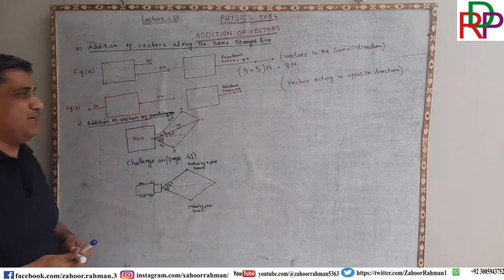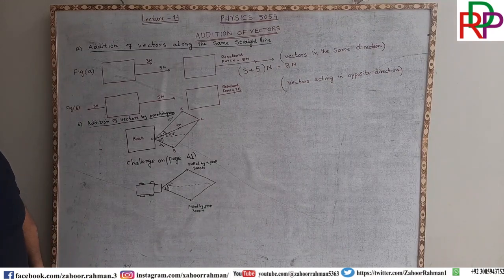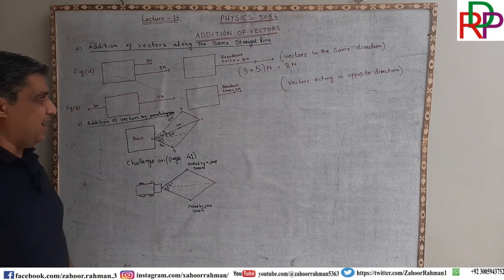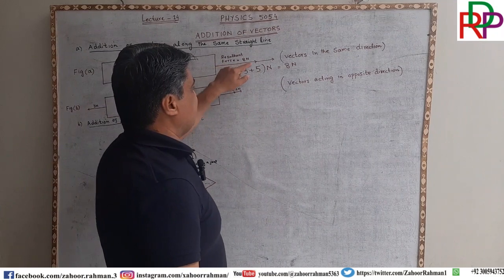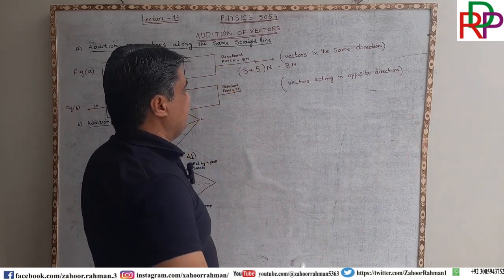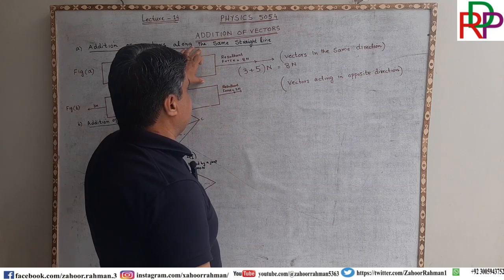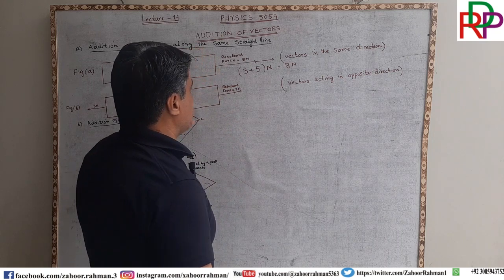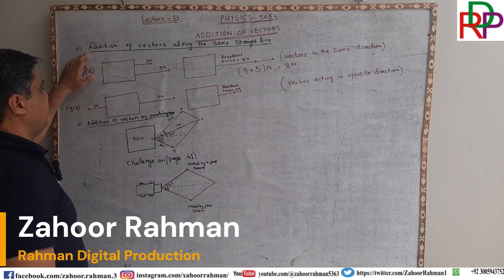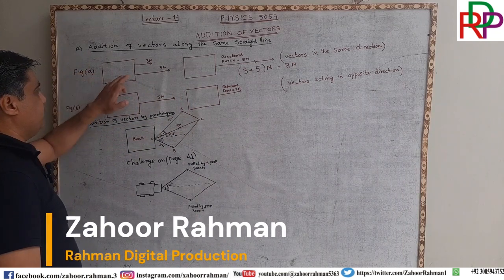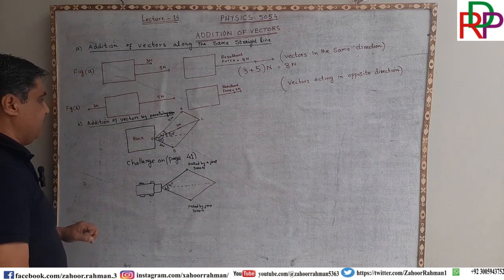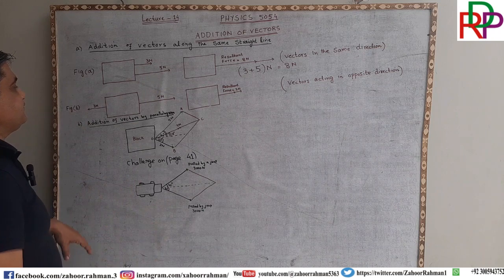Because it is a vector, it must have a direction, and the direction of this vector is on the right side. So ladies and gentlemen, these forces are calculated in the first case, part A, when both of them are acting along the same line.